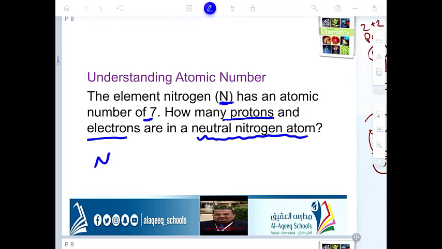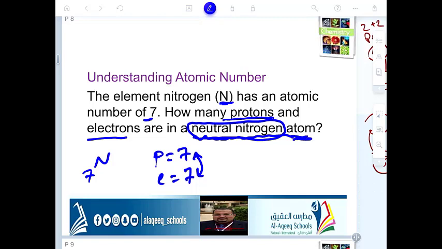If nitrogen has atomic number 7, it means protons equal 7, and electrons also equal 7. Why the same? Because it says neutral nitrogen atom, not ion. We cannot find the number of neutrons here because the mass number was not given.